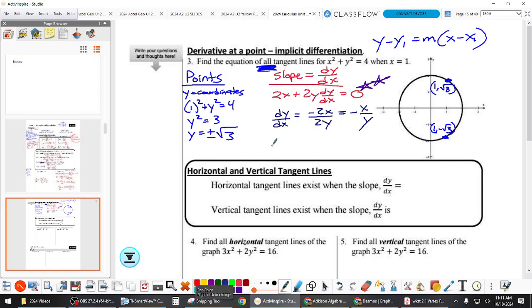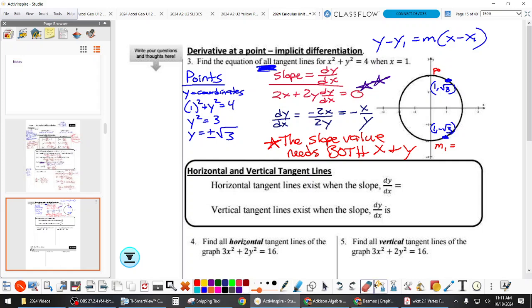The slope value needs both x and y. All right, so let's call it M1.